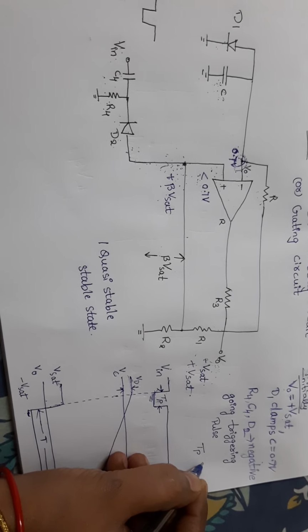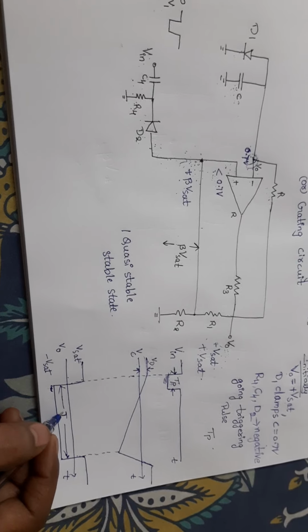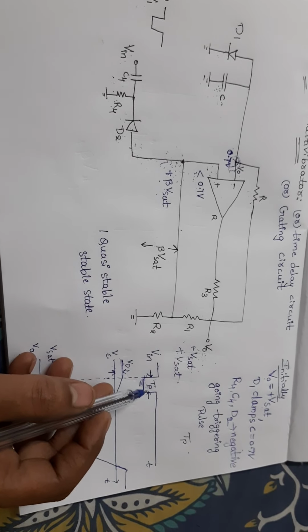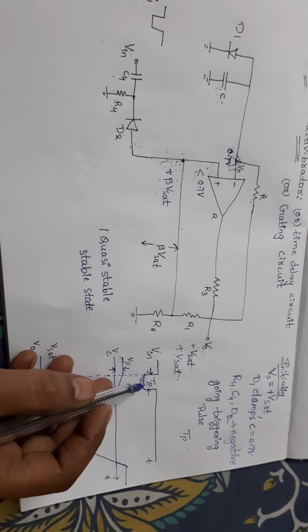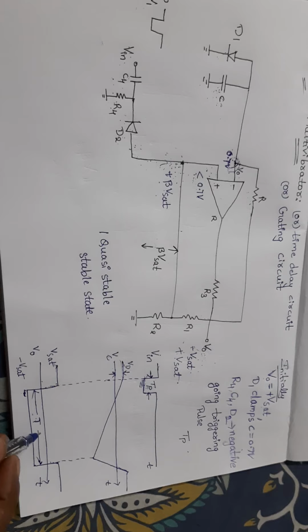This should always be less than the pulse width T of this output voltage. Always, the pulse width of the triggering pulse should be less than the pulse width of this monostable multivibrator.